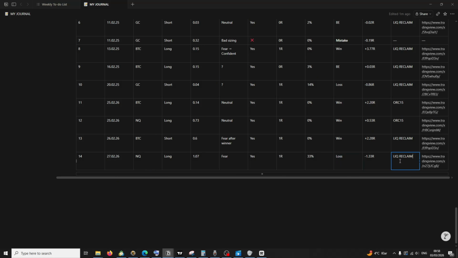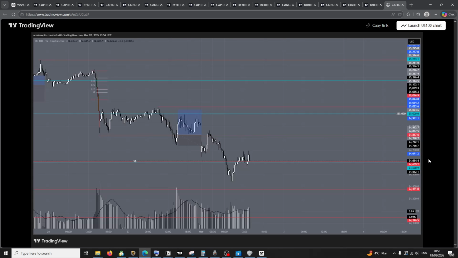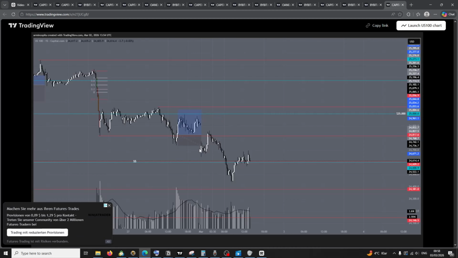I explain it in a moment. So 1.33, that is the loss, and the system is liquidity reclaim again. So why did this trade result in such a big loss? It's a very big mistake from my side.